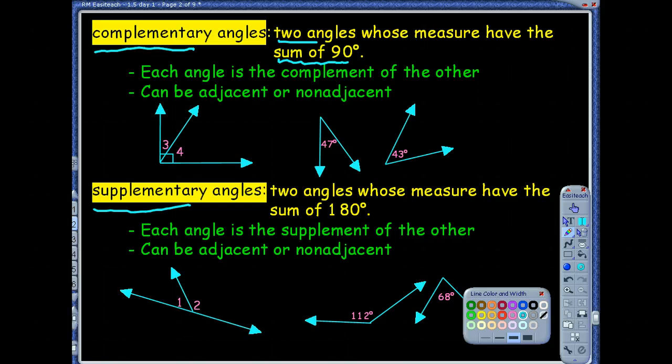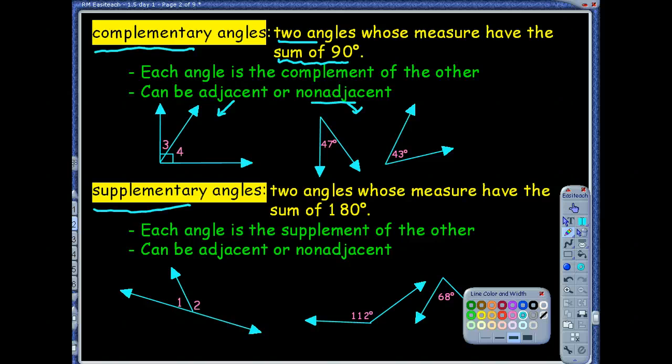Each angle is the complement of the other, and they can be adjacent or non-adjacent. This would be the adjacent scenario. Notice the two angles that are adjacent are complementary only if they form a right angle. To be non-adjacent, they don't even have to touch. They don't have that one common side, and those still add up to 90 degrees.